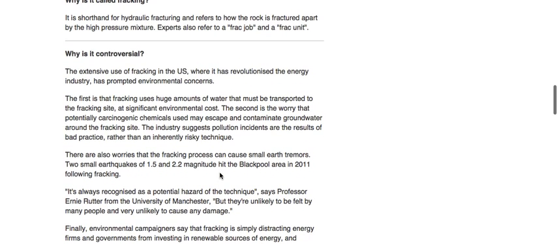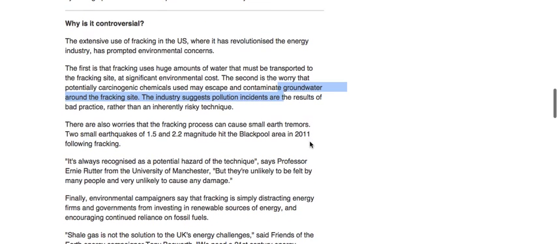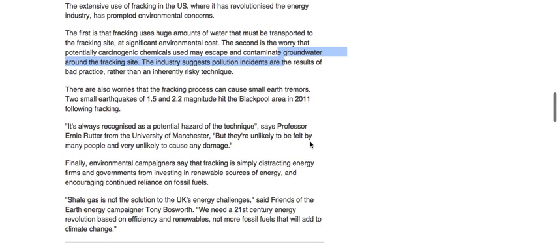However, it is detrimental to the environment, and we're contaminating a bunch of groundwater, which is becoming more and more scarce in the United States. Basically, we just don't know yet if the pros outweigh the cons when it comes to fracking. So that's what my main content path is going to be focused on, and that's where I'm going to spend the majority of my energy when it comes to writing this research paper.